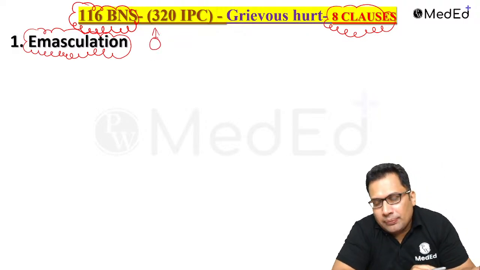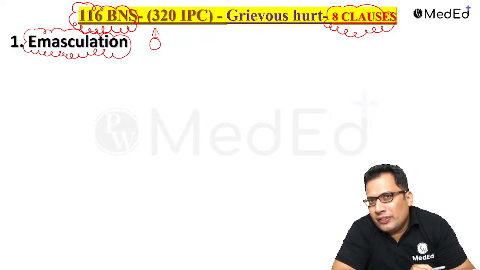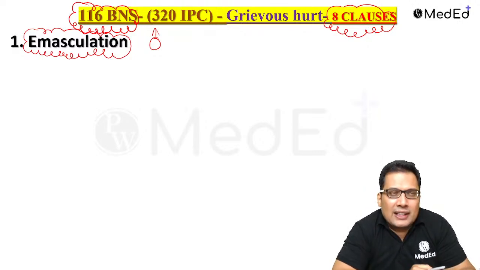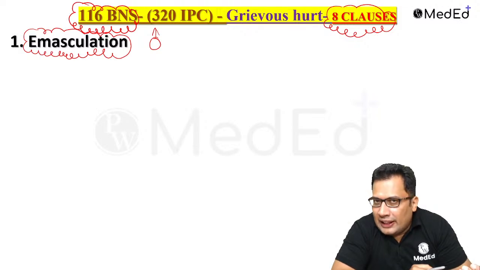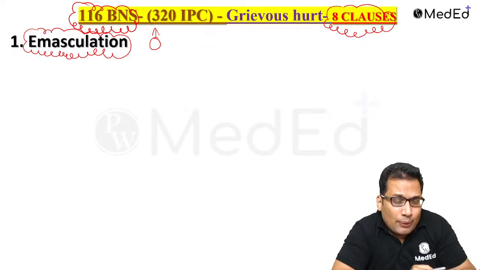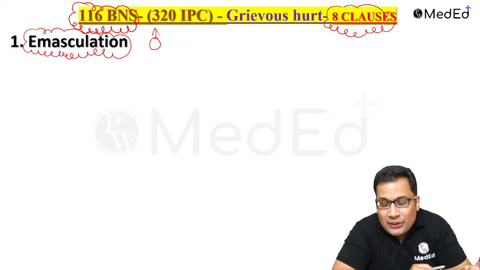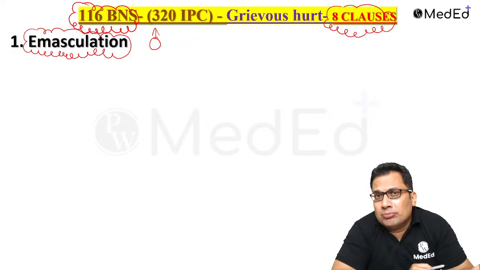What do you mean by emasculation? It is the loss of masculine vigor or masculine power in a male. Because of the injury, he is unable to do sexual intercourse. For example, damage to genital organs like amputation of the penis, injury to the testicles, or injury to the lumbar and sacral vertebra and lumbar plexus, which carry impulses from the sympathetic and parasympathetic system.